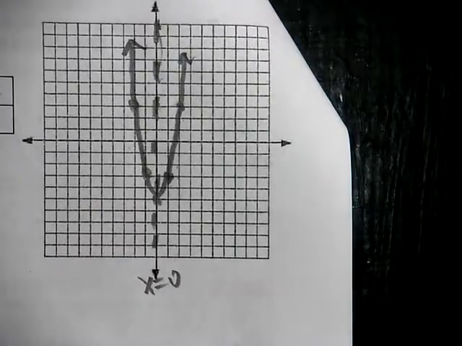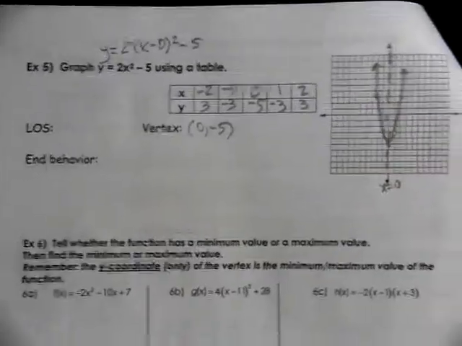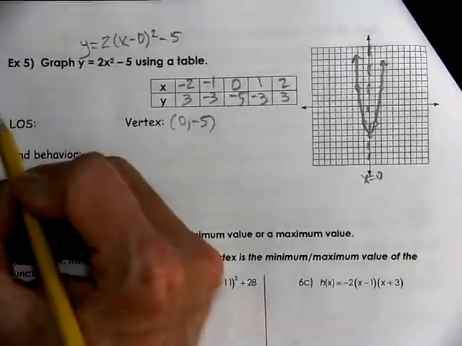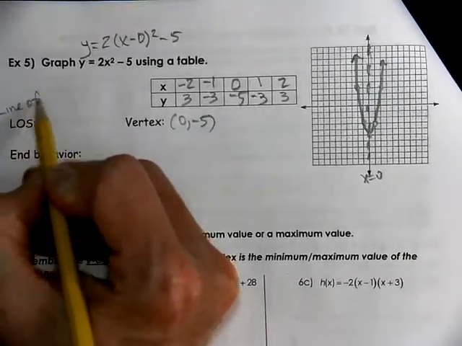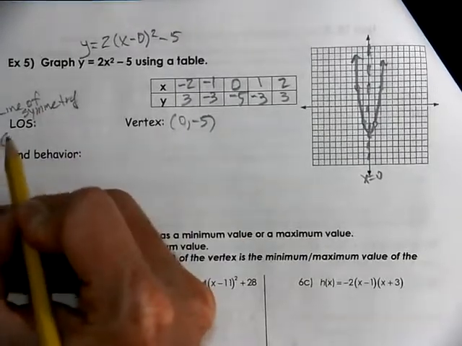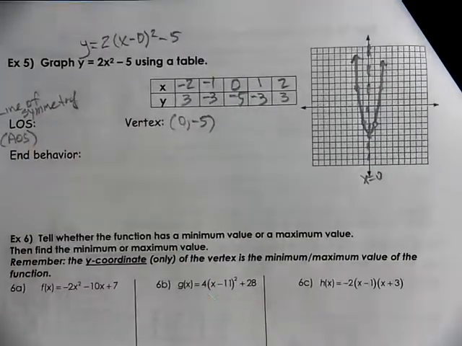So I could fill up my, oops, sorry, I was filling out the table at that point. Sorry about that. My line of symmetry, same thing as AOS.